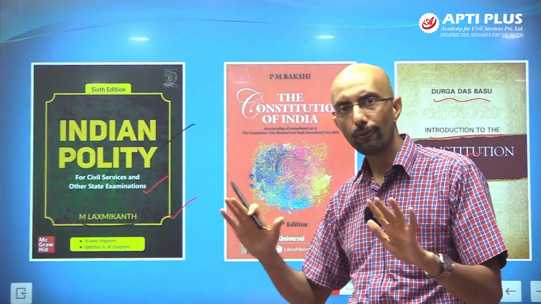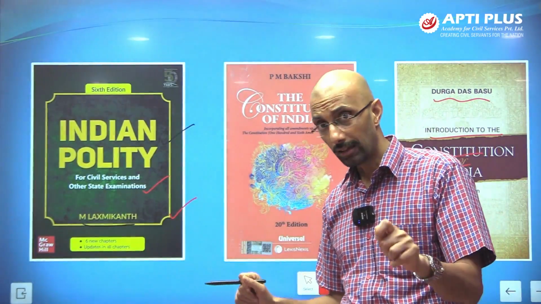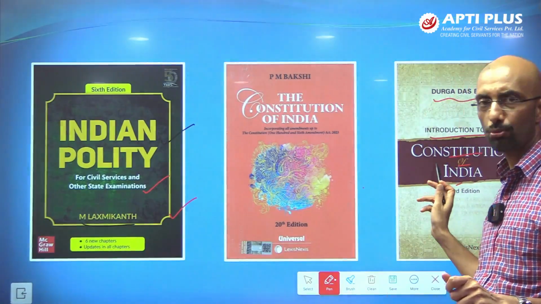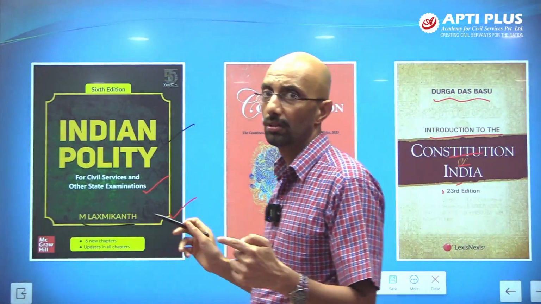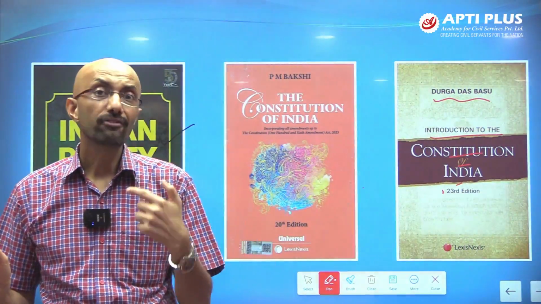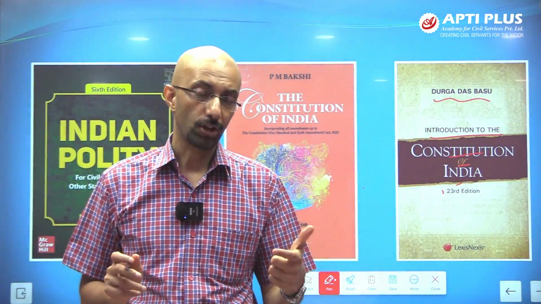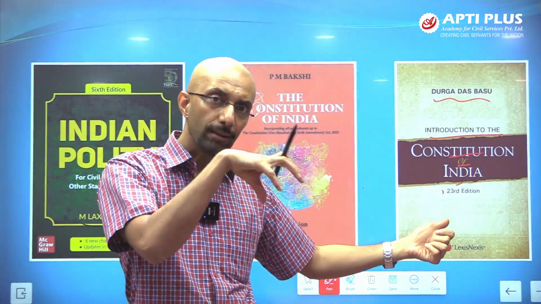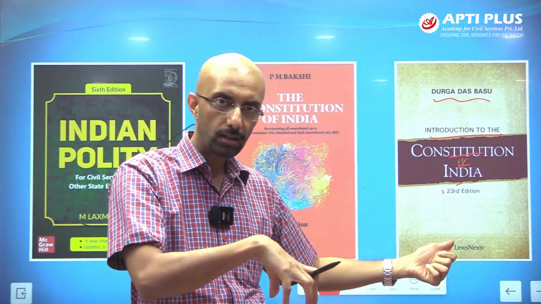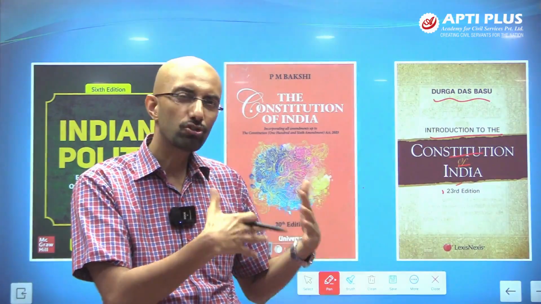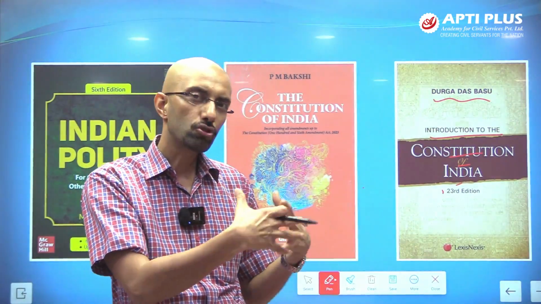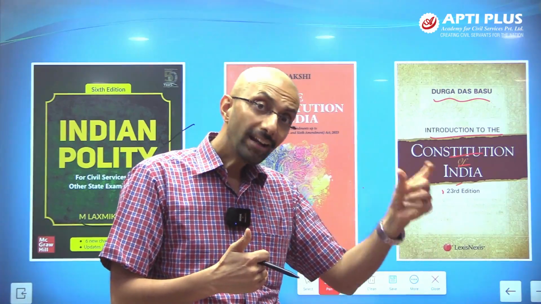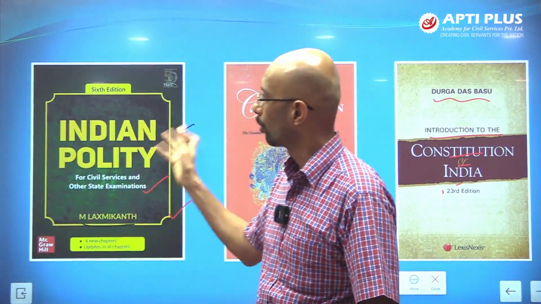It will cover the bulk of your syllabus. Then you may switch to Durga Das Basu, Introduction to the Constitution, and find out what extra value addition you can get from D.D. Basu. Maybe on the same chapter, on the same topic, D.D. Basu has given some extra explanation, some extra case law, some extra example, that you can add in your book.